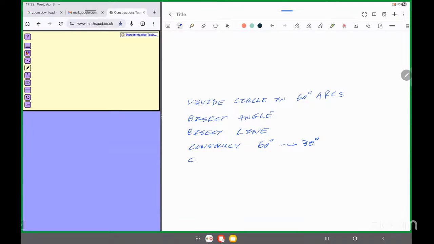You have to also be able to construct 90-degree angles, and then that can be bisected into 45-degree angles.